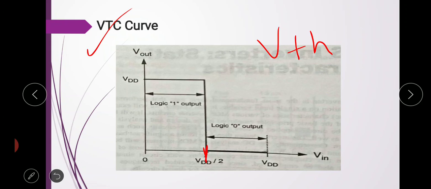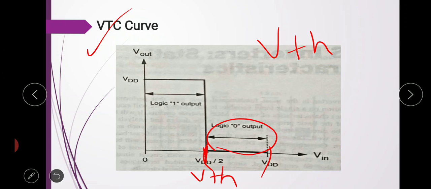So this point is the VTH point. When the input voltage is between 0 and VTH, the output voltage is equal to VDD, and when the input voltage is between VTH and VDD, the output voltage is equal to 0.